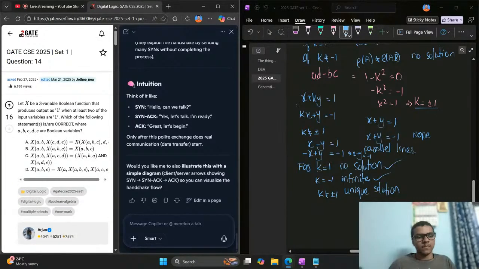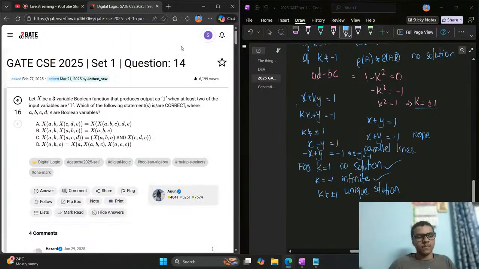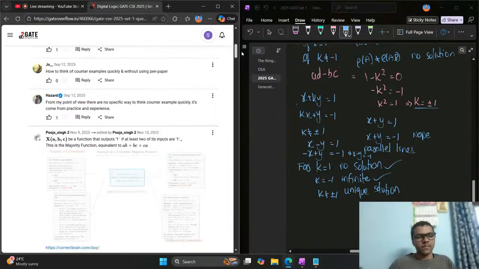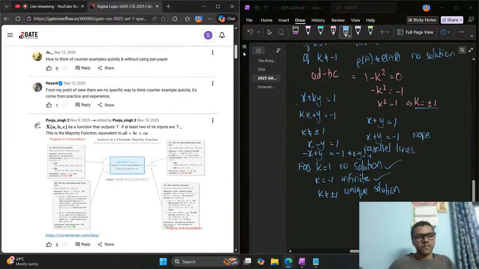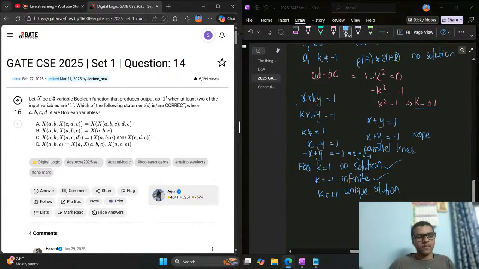Three variable Boolean functions when at least two of the input variables are 1.